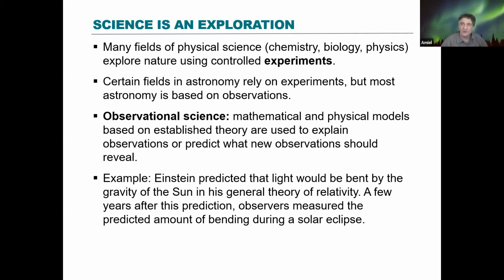Observational science uses models. Models, in a scientific sense, are math. The math is the model. Yes, the math can also be the law, which is why math is the language of science, because you can understand the model using equations.